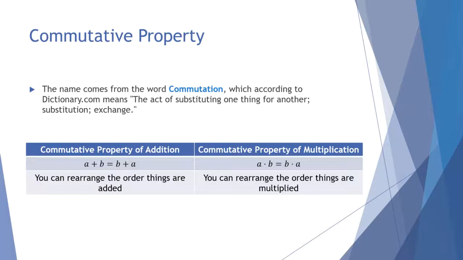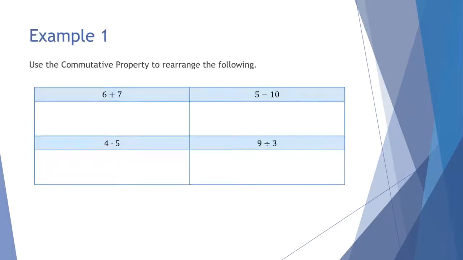So I'm going to go through some examples demonstrating this. We're going to use the commutative property to rearrange the following. Top left, we have 6 plus 7. 6 plus 7 is 13. The commutative property basically means you're flip-flopping the position.